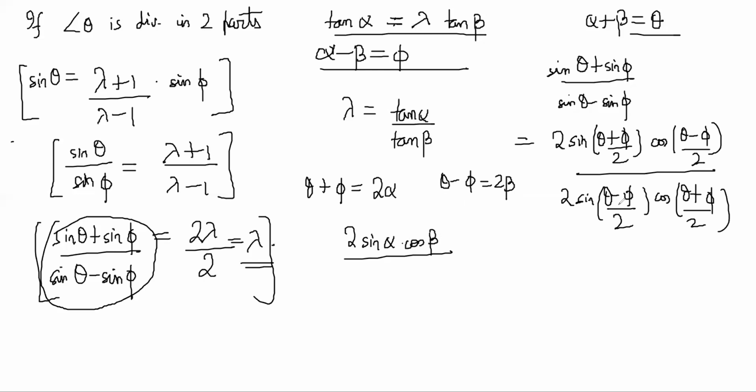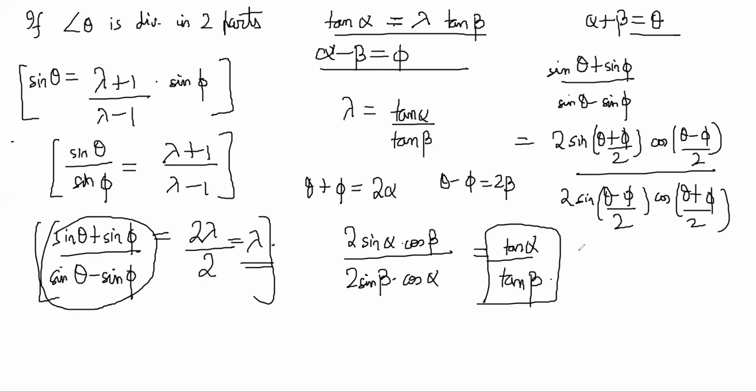So it becomes sine alpha cos beta over sine beta cos alpha. Isn't it tan alpha by tan beta? Which formula are we using? No formula, see, sine alpha by cos alpha.